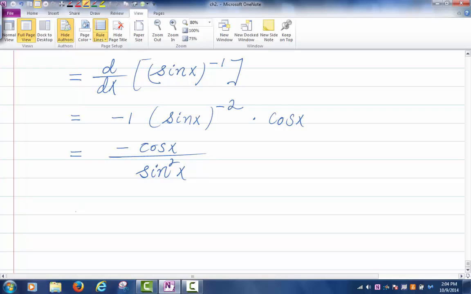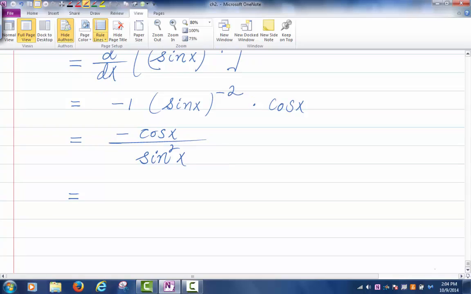And then even this expression isn't that nice, so we are going to rewrite this in the following way. We're going to write it as negative 1 over sine x times cosine x over sine x. Can I do that?